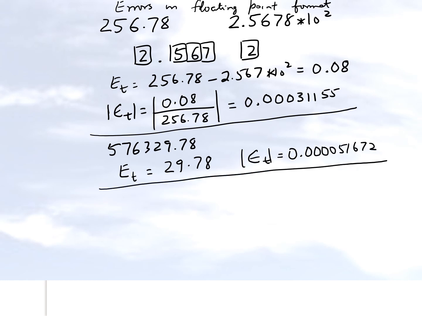Go ahead and do it for another number, let's suppose the number is 576,399.99. In this case, the true error will be equal to 99.99, and the relative true error will be as follows.